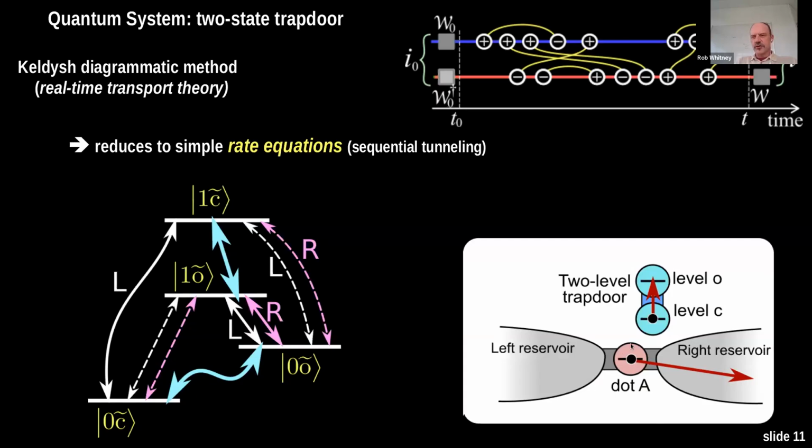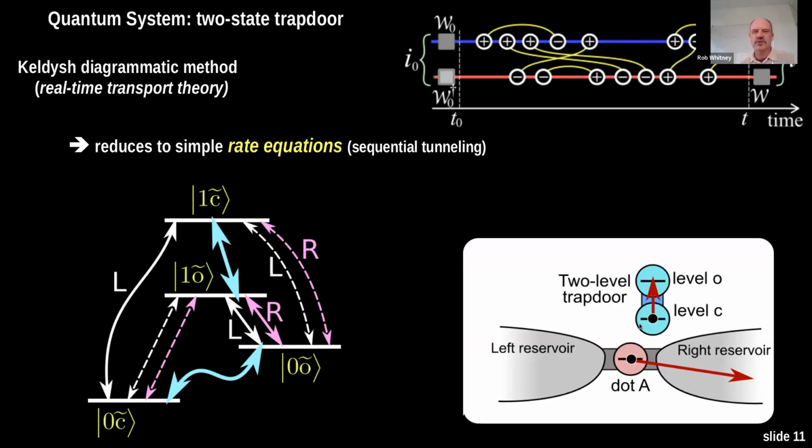So the central system is the dot plus the trapdoor. If they're weakly coupled, and the exact definition of weak coupling is a bit subtle, then it turns out that all of these ugly Keldysh diagrammatic equations reduce down to some very simple rate equations that basically look very classical. So all of the quantum physics disappears.